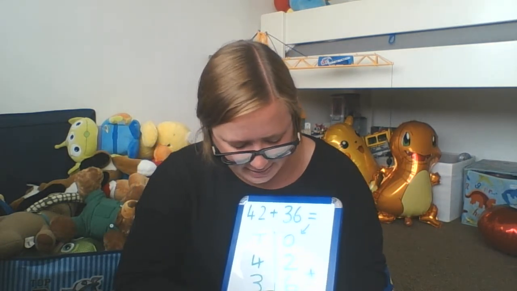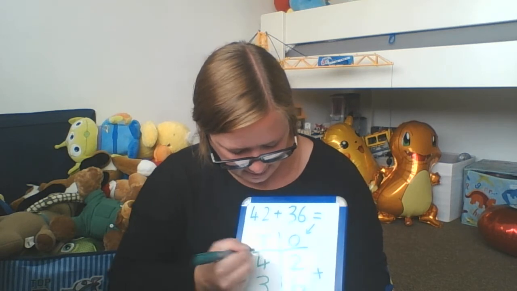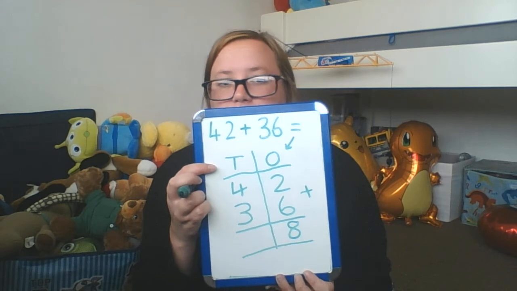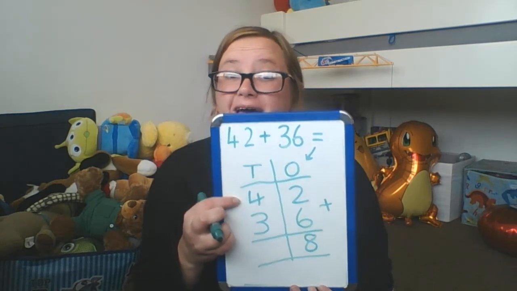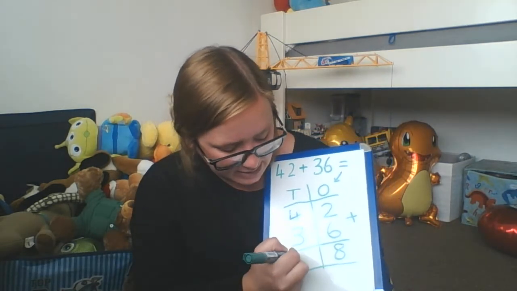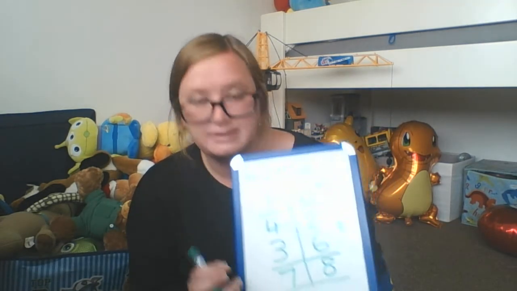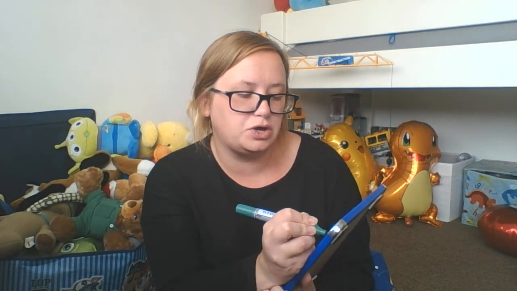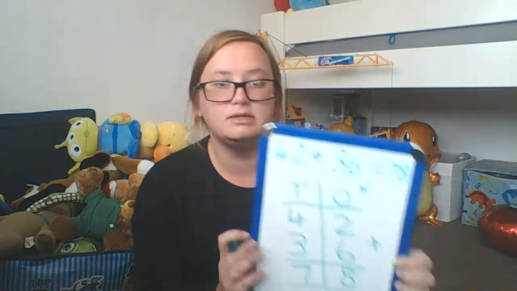Clearly I like the number 8 today. Put that over there so we don't get confused. And then we're going to move to our tens column where we're going to say what are 4 tens, add 3 tens. So that is 7 tens, and 7 tens is worth 70. So our answer is 78. I'm going to put that in next to my number sentence.